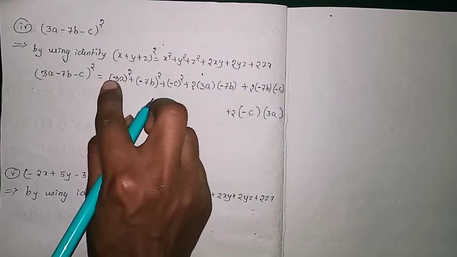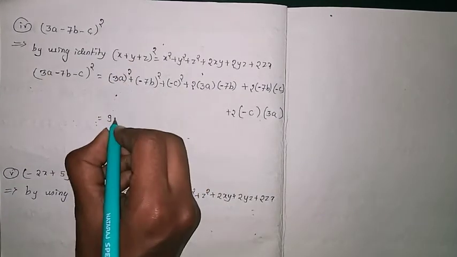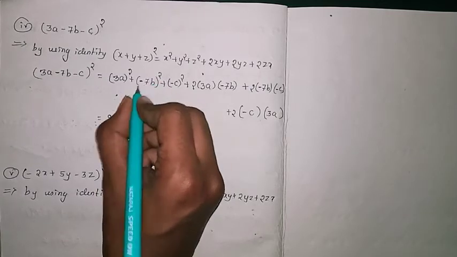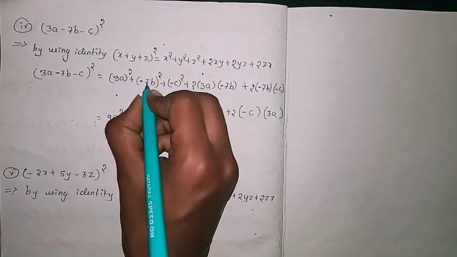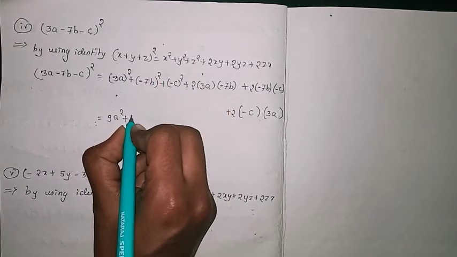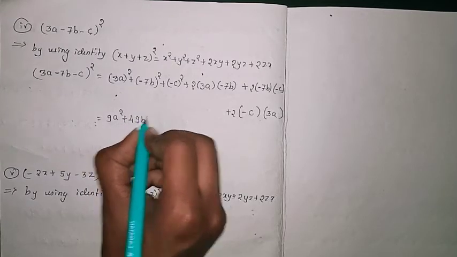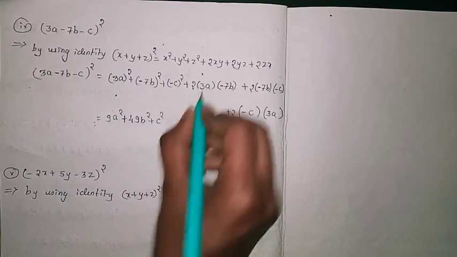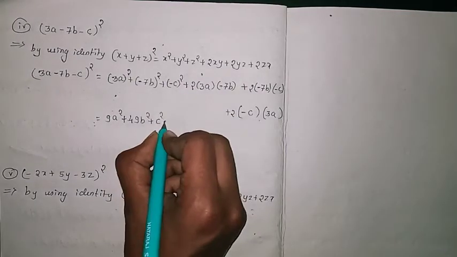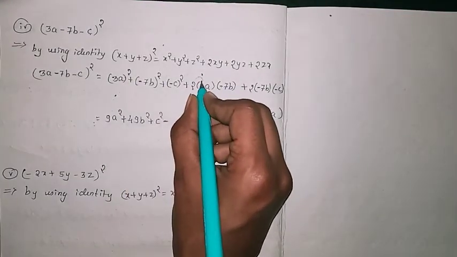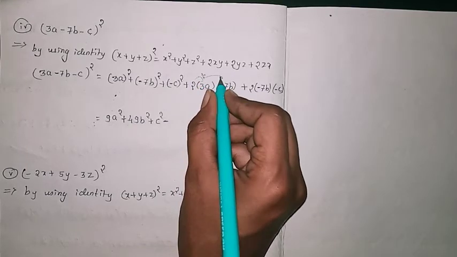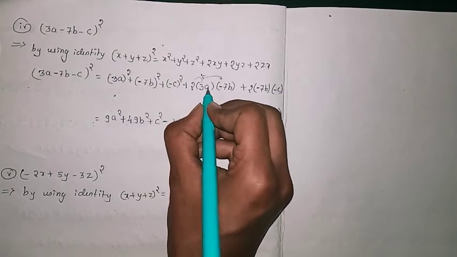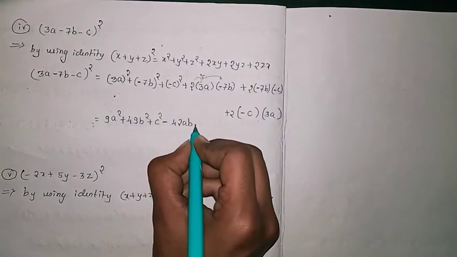So you have to expand. 3 square is 9a square; minus square will be positive, so minus 7, 7 sevens are 49b square; minus c square will be plus c square. Plus and minus will be minus, so 3 2s are 6, 6 sevens are 42, so it is ab.